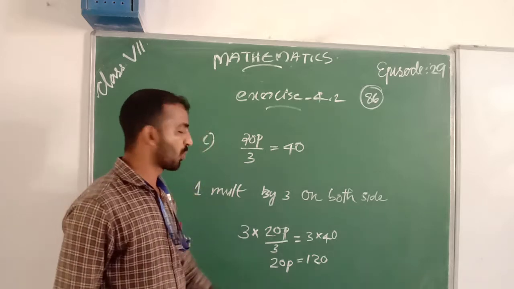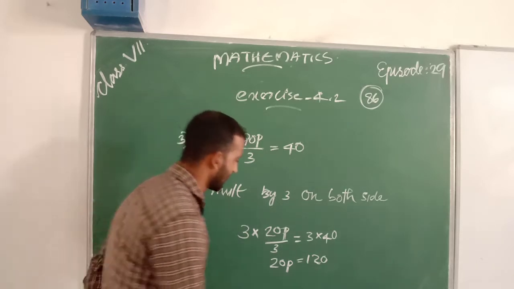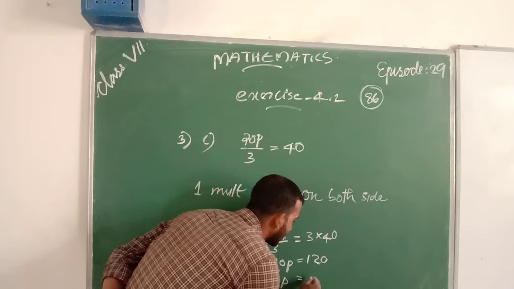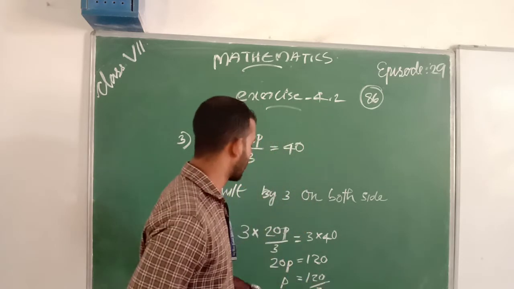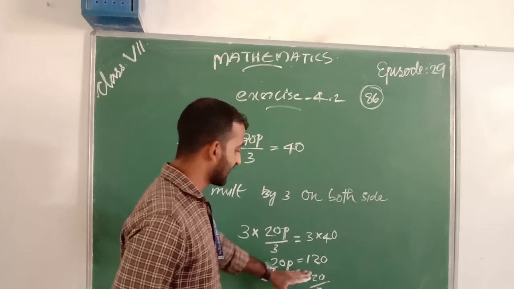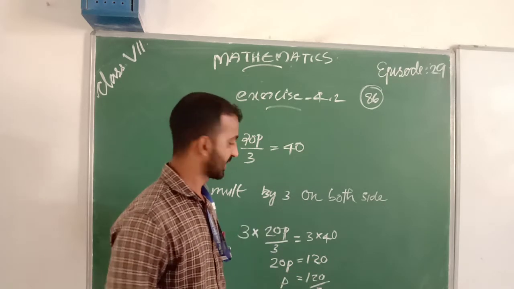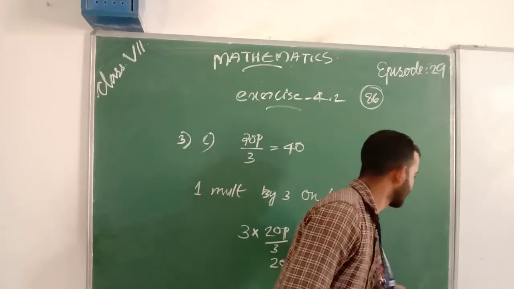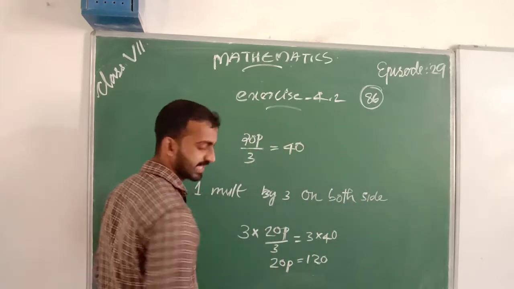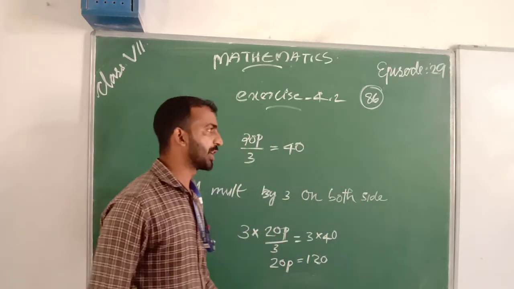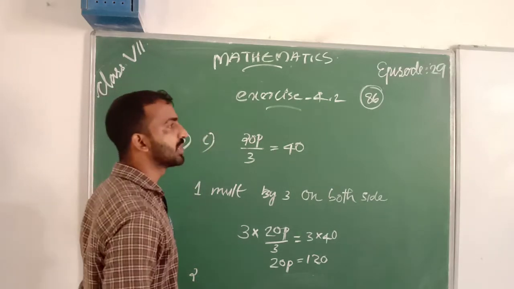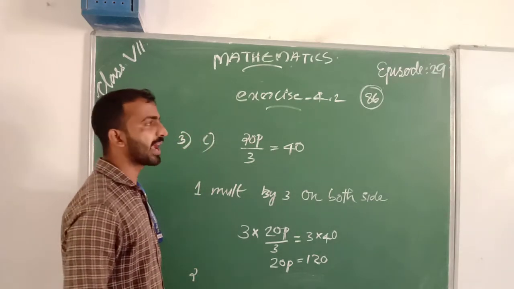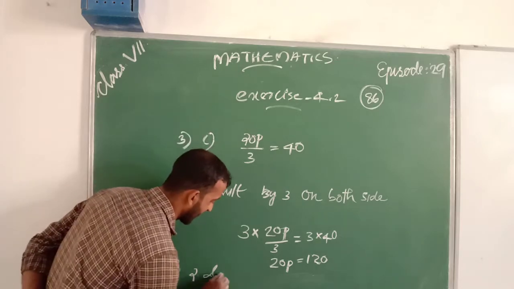20p equal to 120. That is the first step. The second step is divide by 20 on both sides.